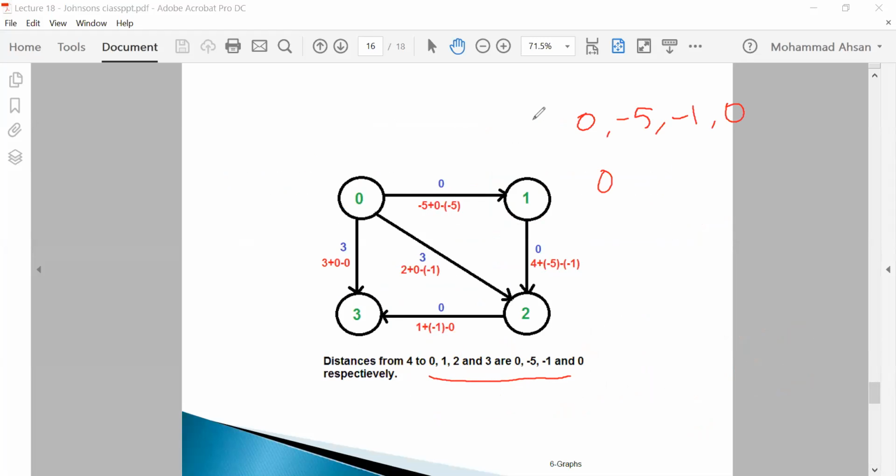For the edge 0 to 1, minus 5 is the original weight. There's something I'm doing wrong here, so let's do it for some other edge first.